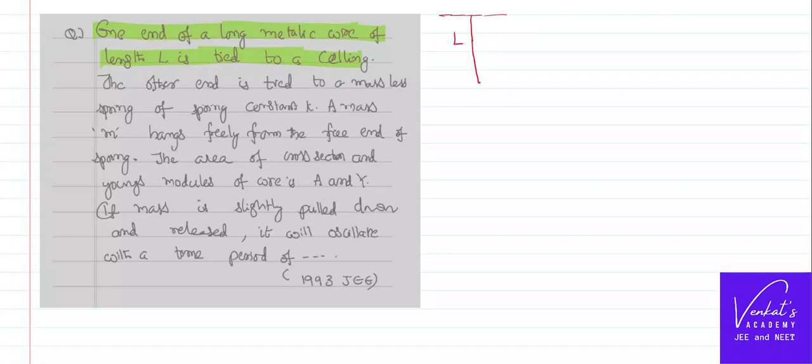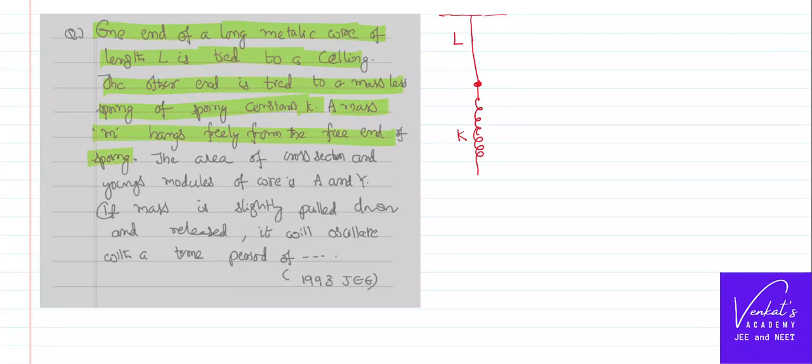The other end is tied to a spring of spring constant K whose mass is negligible. So I shall draw a spring here of spring constant K. Then a mass M hangs freely from the free end of the spring.